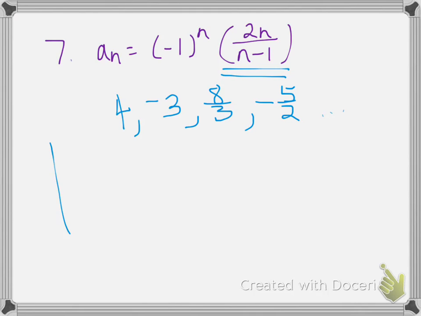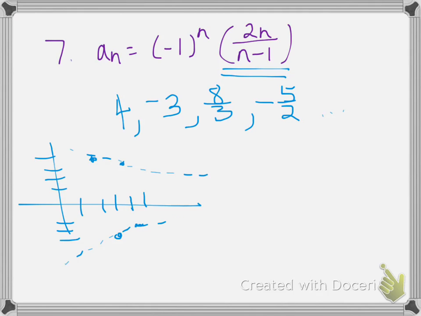So it's kind of like the second term is 4, the third term is negative 3, the fourth term is a little bit more than 2, the fifth term is a little bit closer to negative 2, negative 5 halves. And so what it looks like is that the positive terms are going towards 2, and the negative terms are going towards negative 2, so this diverges.